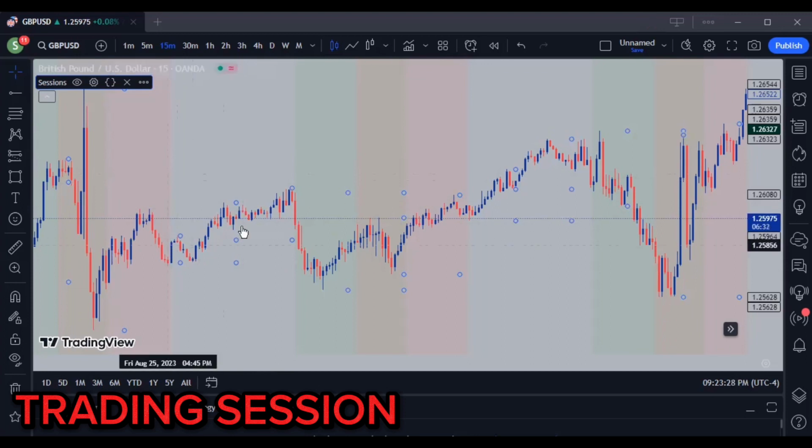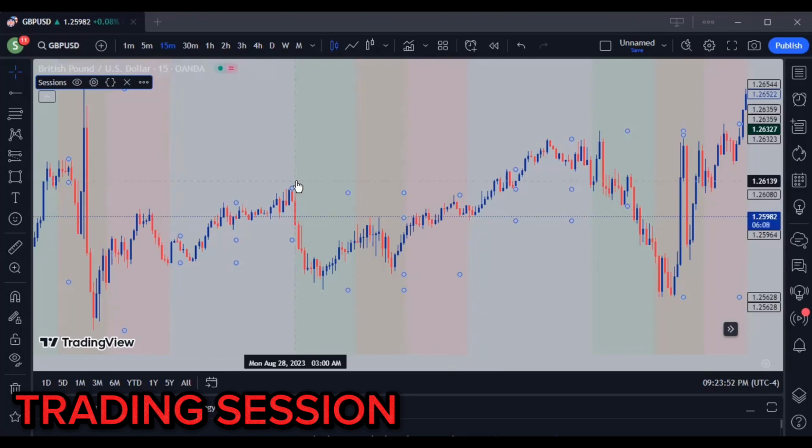You can see that from 8 a.m. to 12 a.m. New York time is also London and New York overlap, because London starts from 3 a.m. New York time. It actually starts from 2 a.m., but the indicator is showing 3 a.m., which is still nice.